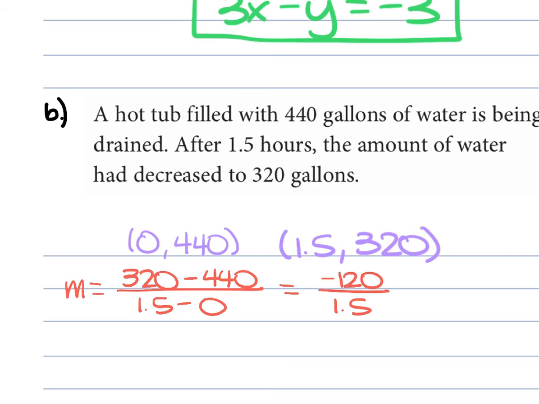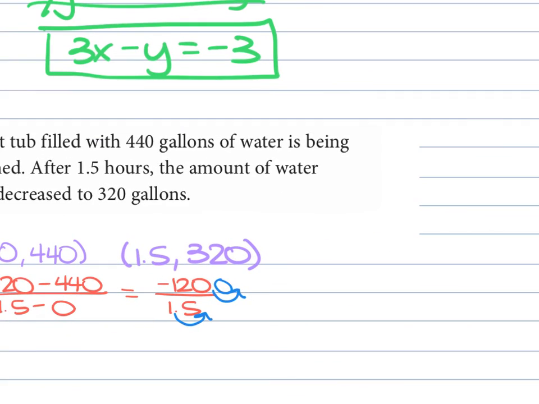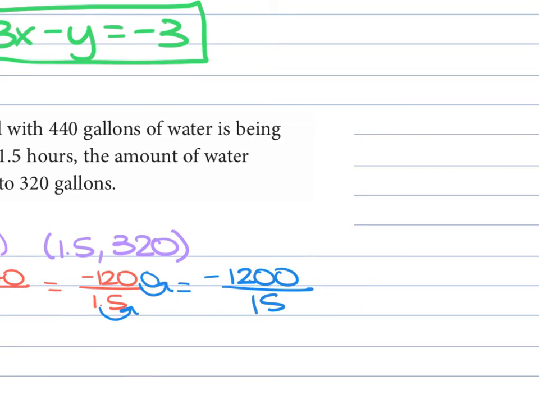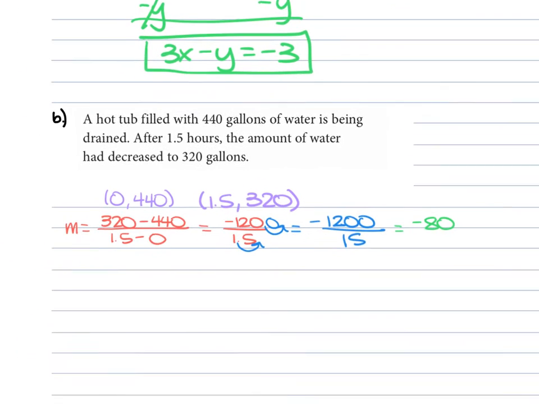You can't have a decimal in a fraction, so you got to move that decimal point. So we have negative 1200 over 15. They are both divisible by 15. 15 goes into 1,200 80 times, so this is negative 80. So our slope is negative 80.